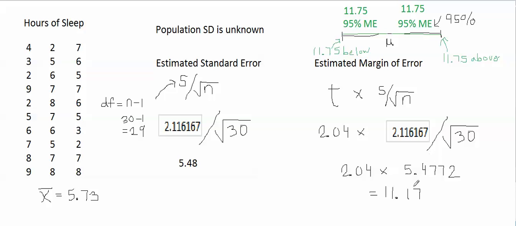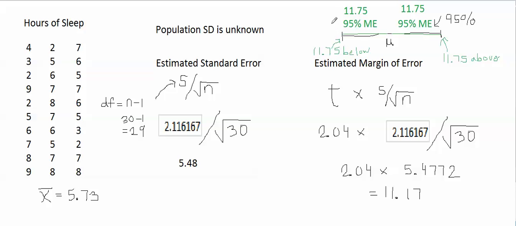What this 95% margin of error also tells me is that if I repeated this study over and over again, and I kept on using the same sample size of 30 over and over, and I kept calculating the mean of each sample, 95% of the time I would get a sample mean between these two boundaries.